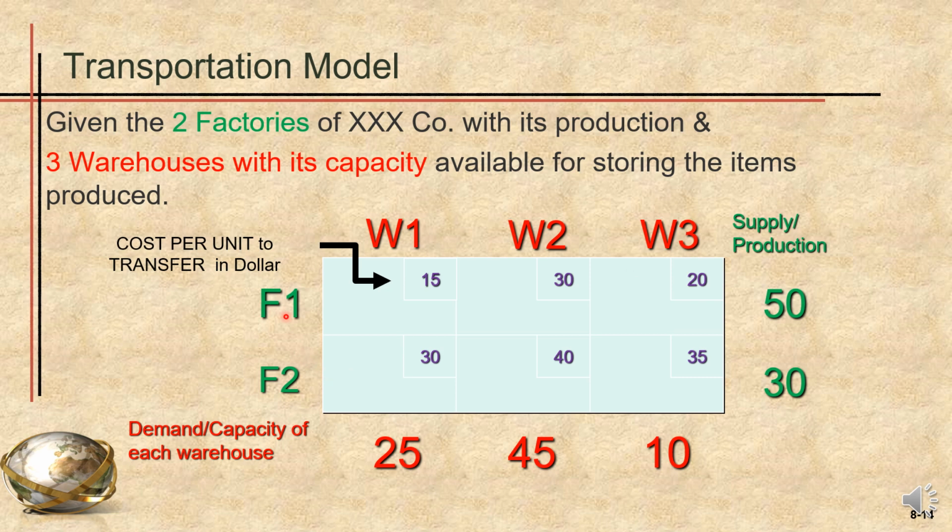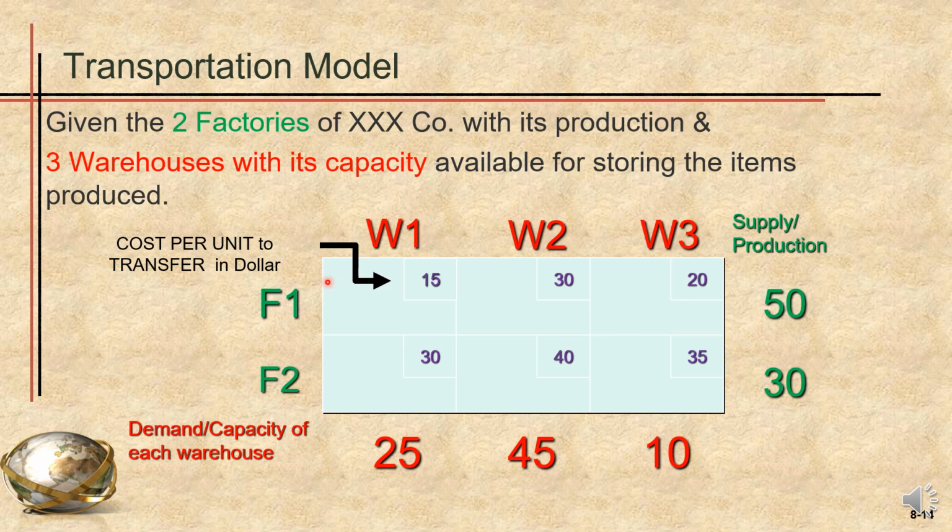Each factory has its production, and that represents the supply, and each warehouse has the capacity, and that represents the demand. So, it is how many units those warehouses need, and how many can be supplied based on the production of our factories.